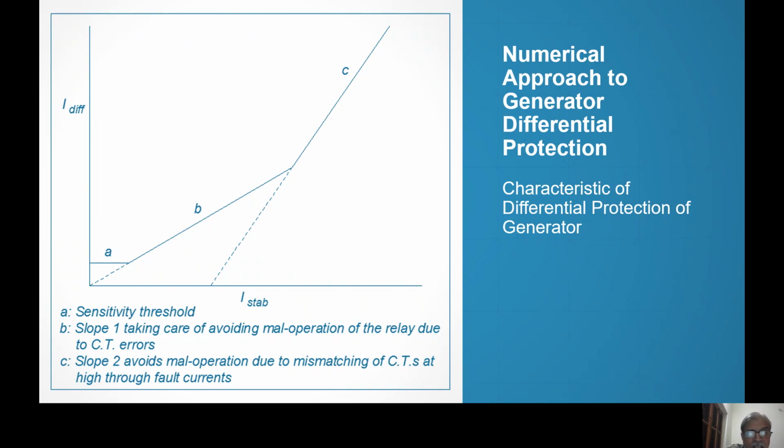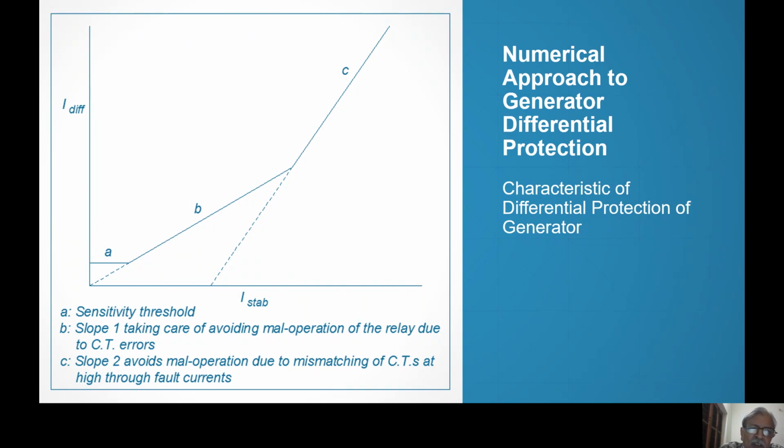B is slope 1, taking care of avoiding maloperation of the relay due to CT errors. Because there will be normal CT errors of plus or minus 3%. So that is taken care of by curve B. But curve C takes care of maloperation due to mismatching of CT saturation characteristic.